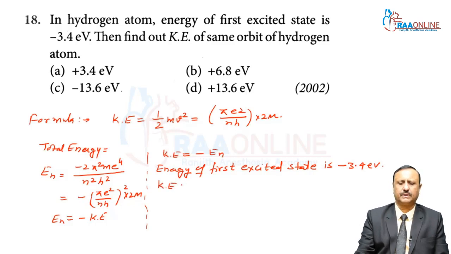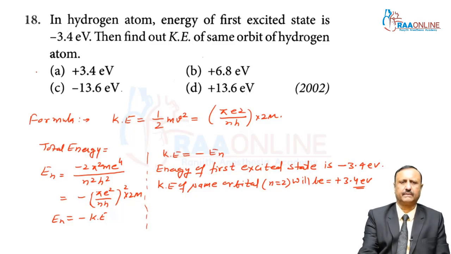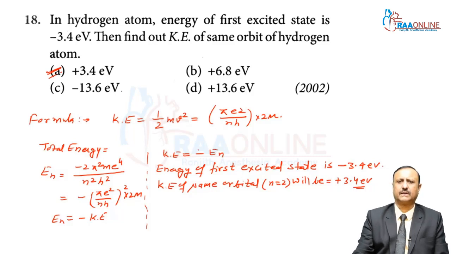So, kinetic energy of same orbit n is equal to 2 will be equal to plus 3.4 electron volt. So, for question number 18, your answer is A. Here kinetic energy is plus 3.4 electron volt, because kinetic energy is the inverse of energy of electron. So, my dear students, you can get the answer plus 3.4.